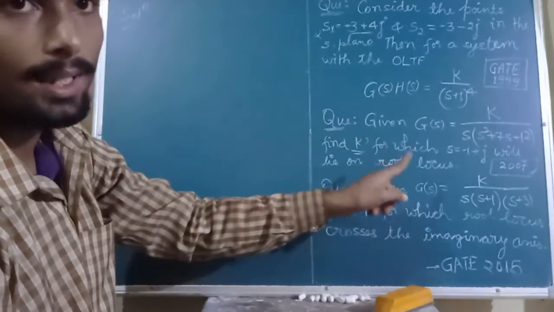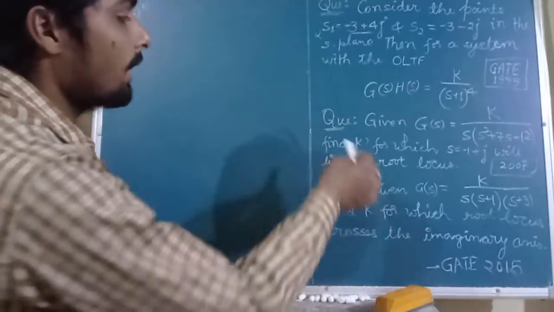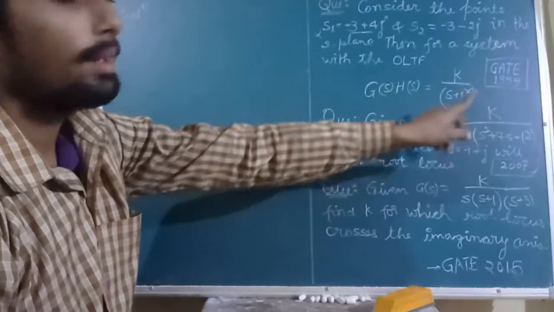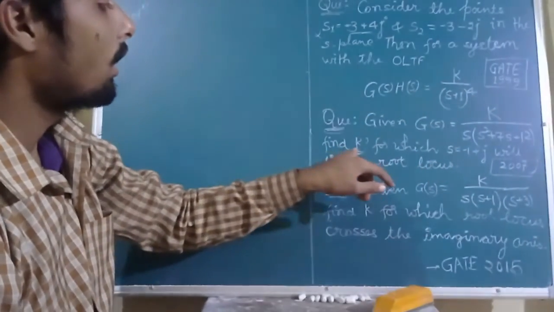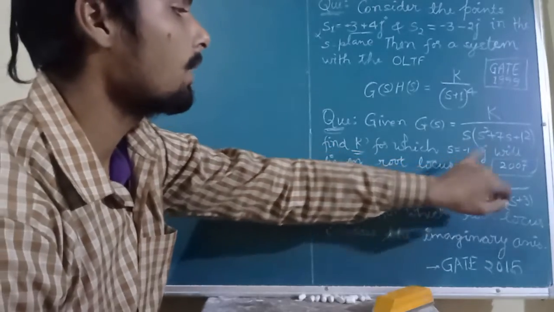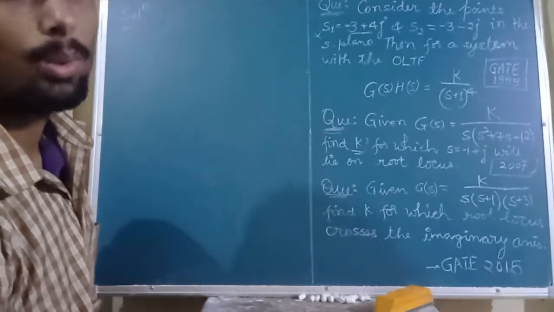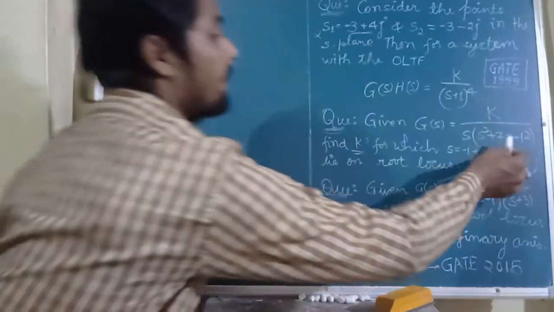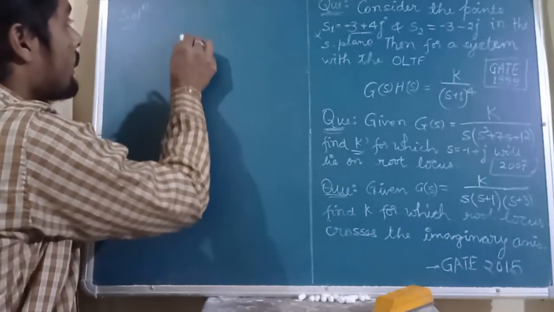Now coming to the second problem, what is it saying? GS, we are given GS and find K for which S equal to minus 1 plus J will lie on root locus. Now first factorize this term. What we will get?